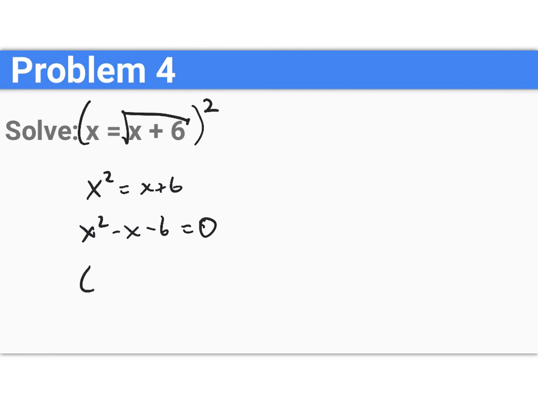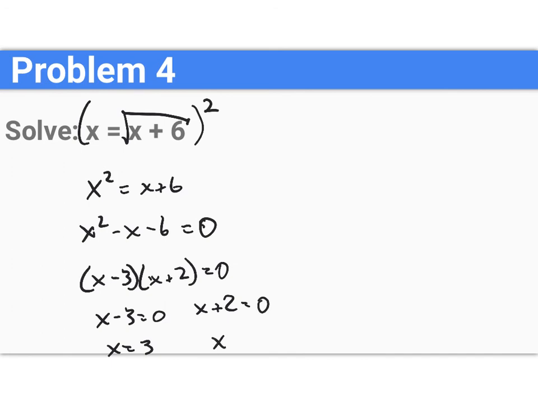And then that should be what? (x minus 3)(x plus 2). x minus 3 equals 0 gives us x equals 3. x plus 2 equals 0 gives us x equals negative 2. And what we have here is negative 2, and then 3, and that's what your parabola will look like.